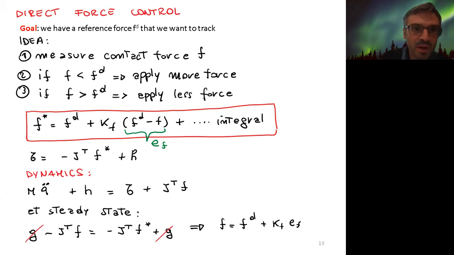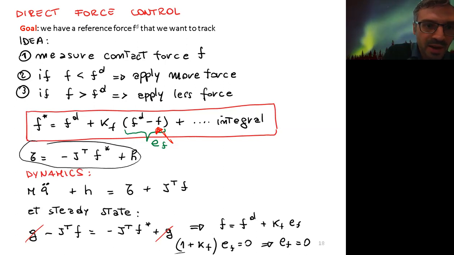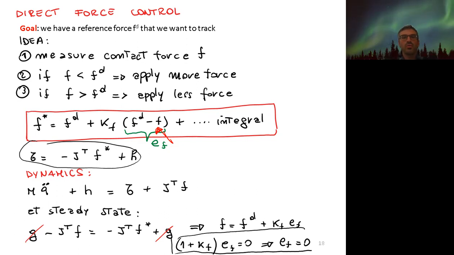The most naive way to control interaction is direct force control, which just tries to minimize the force error. We have the measure of the force from the force sensor, and we apply this control law, and we see that we end up with a dynamics of the force error that converges to zero.